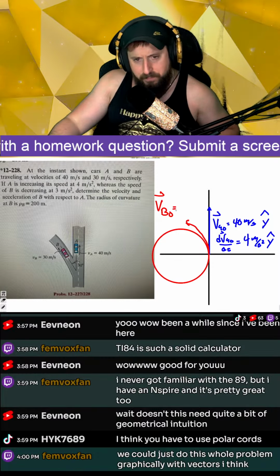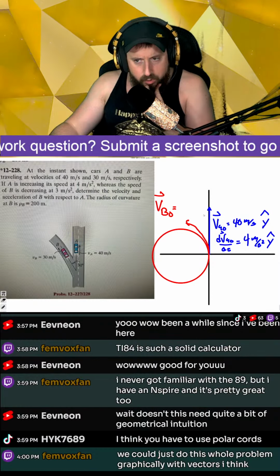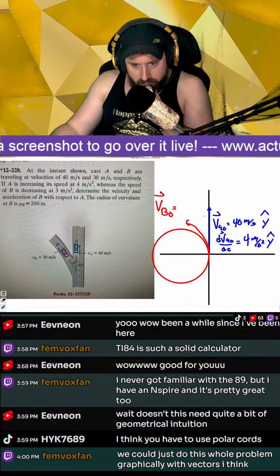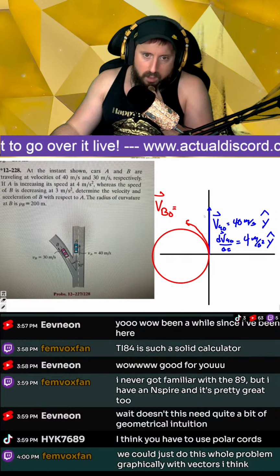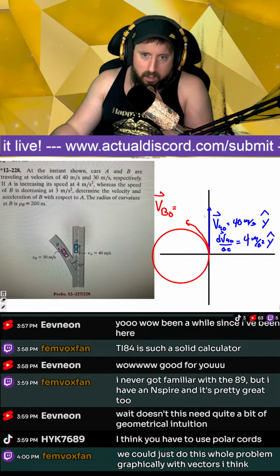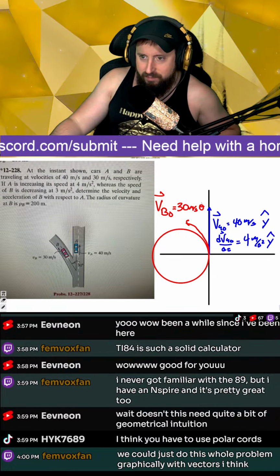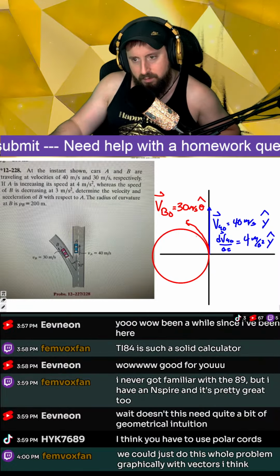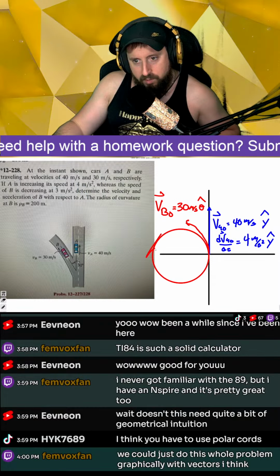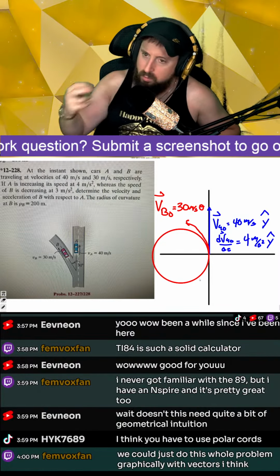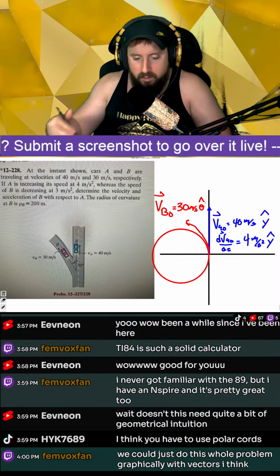So VB naught is equal to 30, and that's in the phi hat direction, right? Its velocity is always pointing tangentially to your curvature, right?